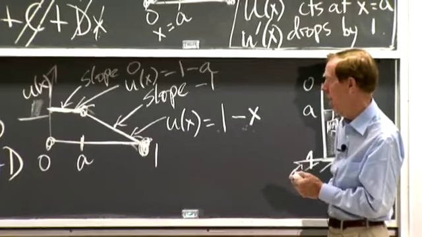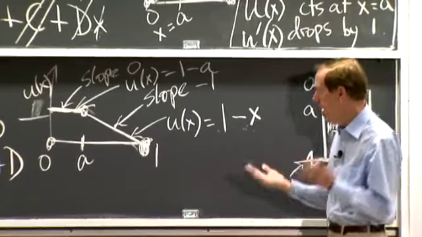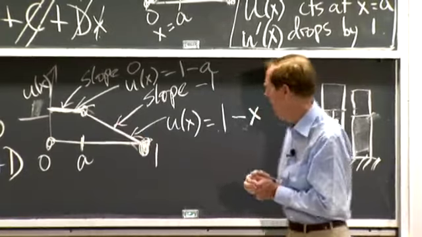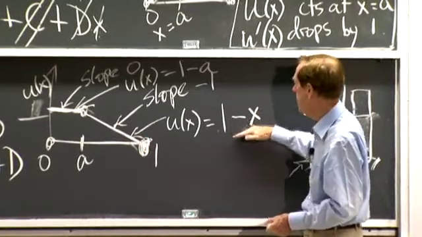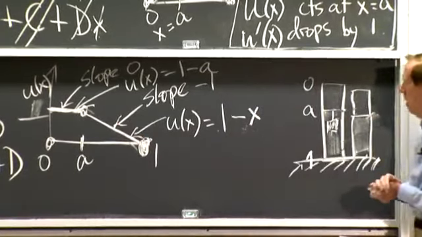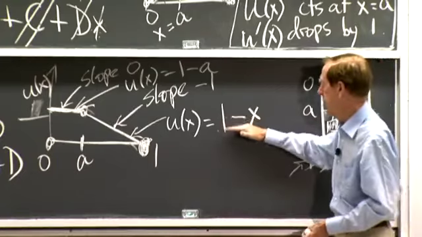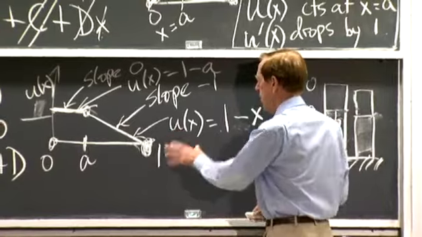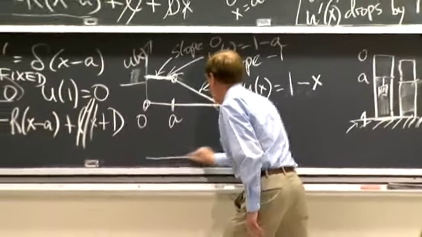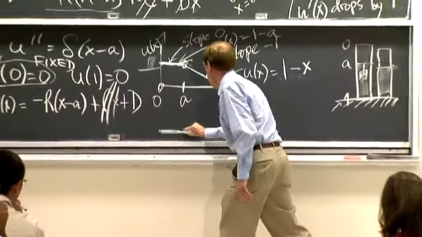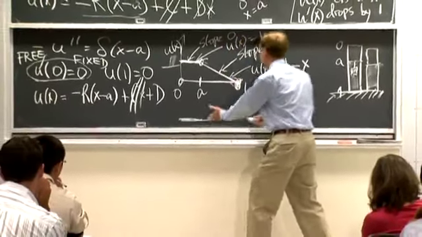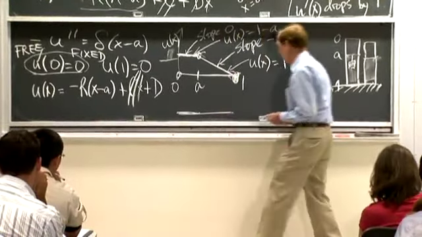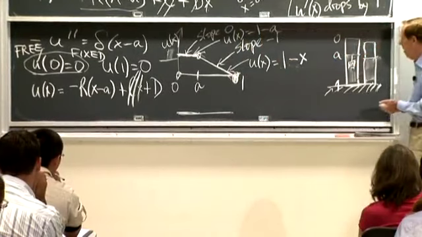Why is that? Because it had to match up at x equal a. At x equal a, this and that match up. At x equal a, that slope, that function, and that function match up. So the slope picture is 0, and oh, I'm sorry, I can't draw it because I'm at the bottom of the board.